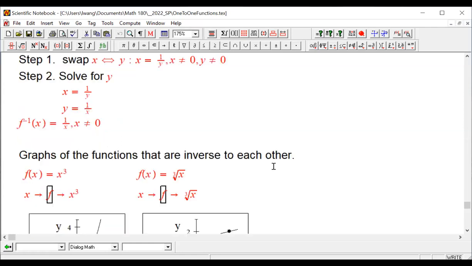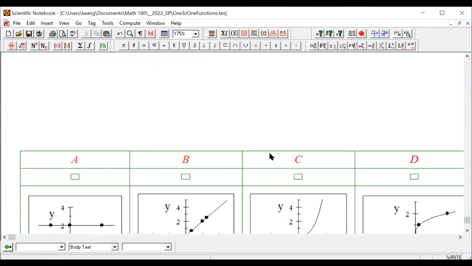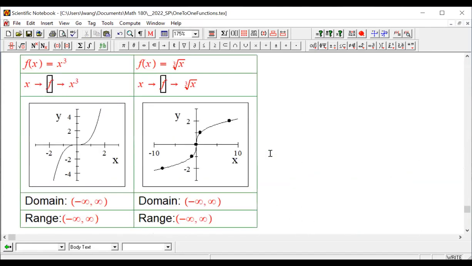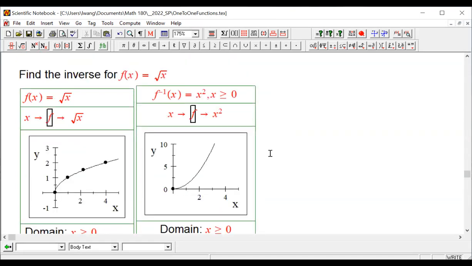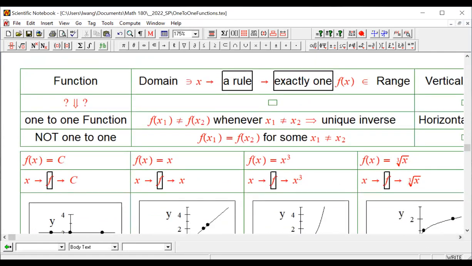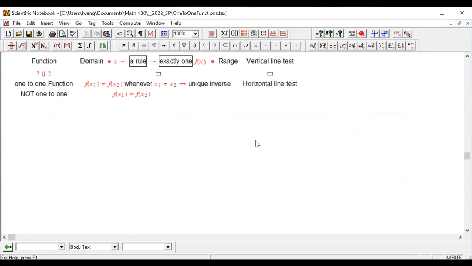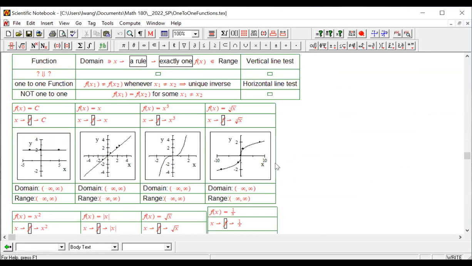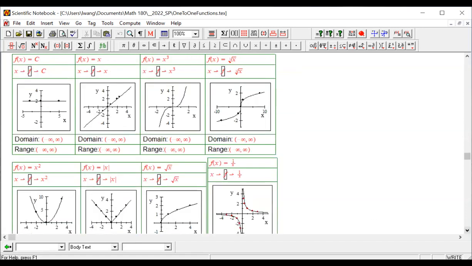Summarize. Okay, summarize. We go back to those 8 functions I once arranged for you, over here.